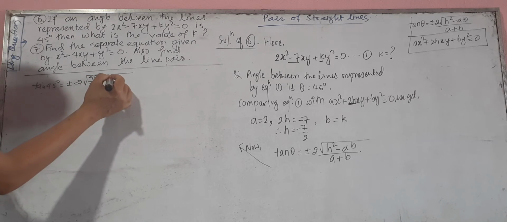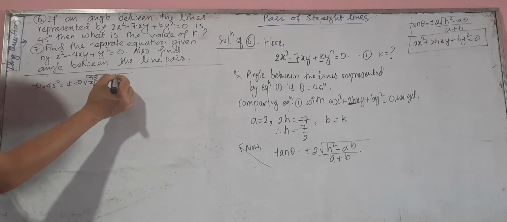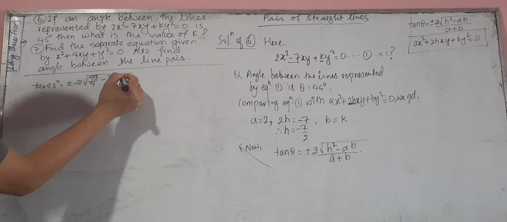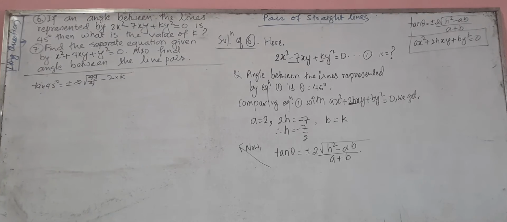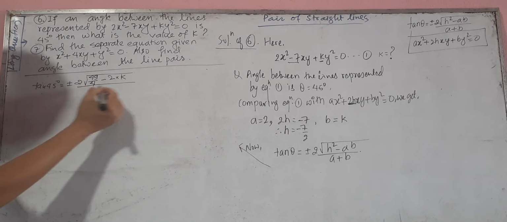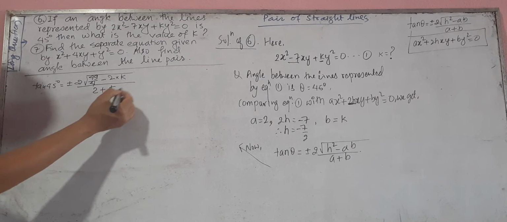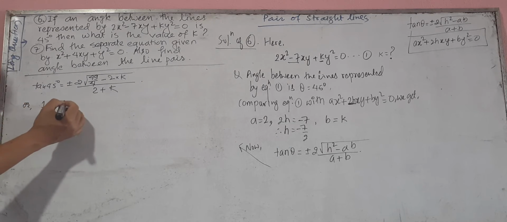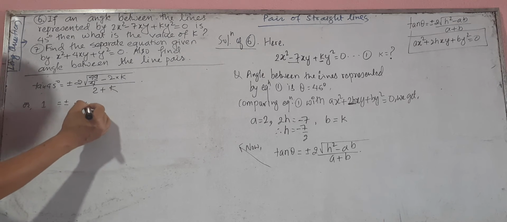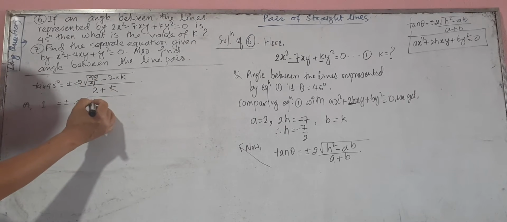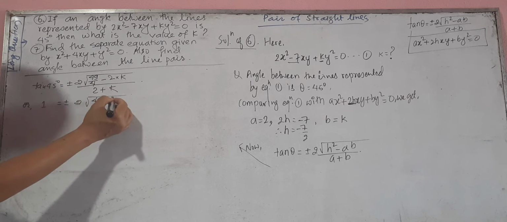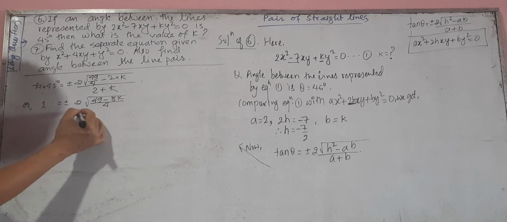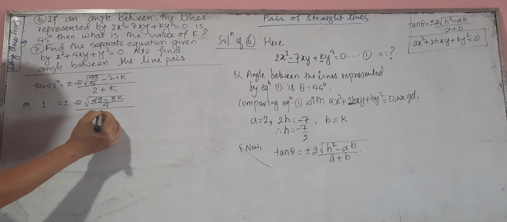Minus ab, where a is 2 and b is k, whole divided by a plus b. The value of tan 45 degree is 1, equals plus minus 2 root over, subtracting these two quantities, 49 minus 8k divided by 4, whole divided by 2 plus k.